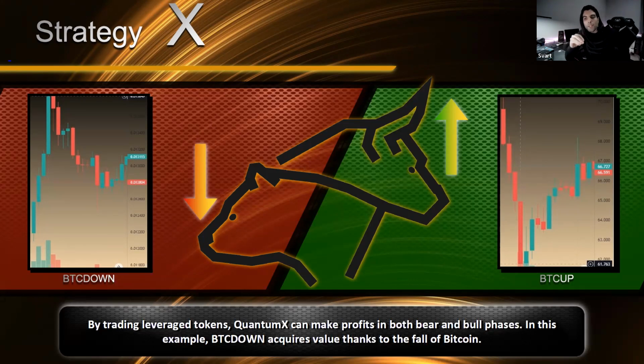Let's make an example. If I buy Bitcoin -3, a short leverage of 3, and Bitcoin loses 5% of its value, we will earn 15%, but on the amount of dollars that I used to buy that certain amount of Bitcoin -3. If I buy, for example, $100 of Bitcoin -3, the short position of the Bitcoin leverage token, I will earn if Bitcoin falls down. So if the Bitcoin price falls, I will earn 3 times more than the percentage that Bitcoin lost.